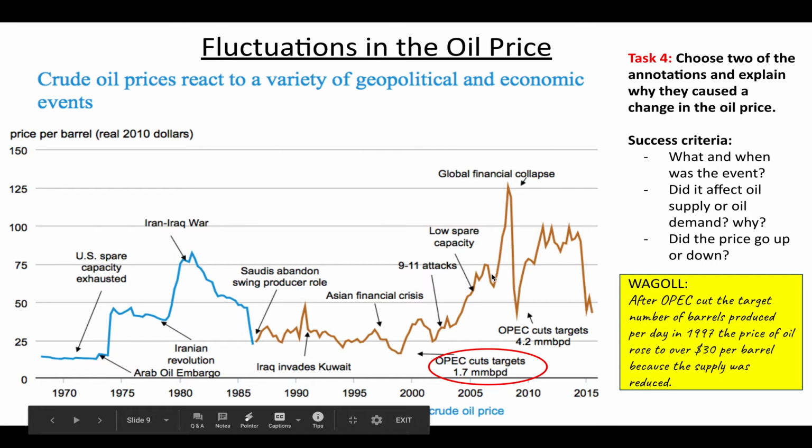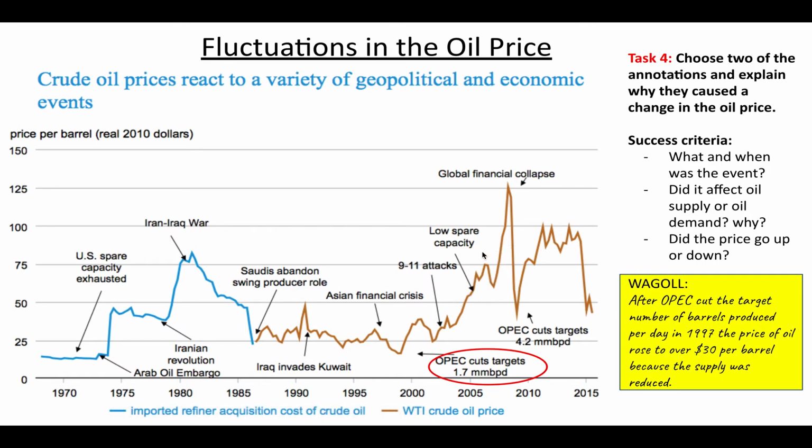And you can see here, again, it probably wasn't a problem. They were probably producing lots and lots of extra oil. At this point, they had low spare capacity. That means that they were producing quite a lot of oil, but there wasn't lots of spare oil going around. And that led to this big spike in oil prices.